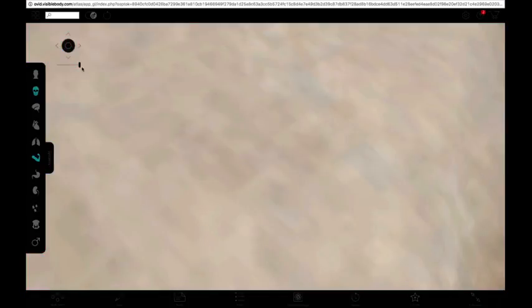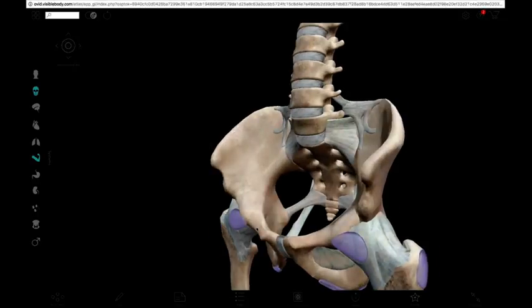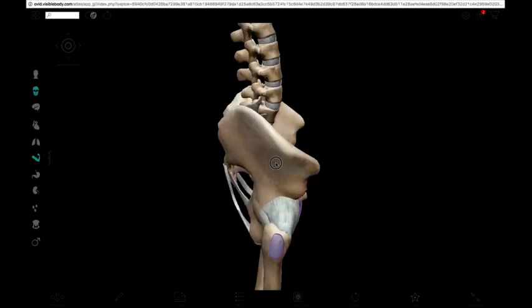All right. So when we're looking at this, we can see here we have one entire coxal bone. Here's another one, but it's really made of three separate bones.